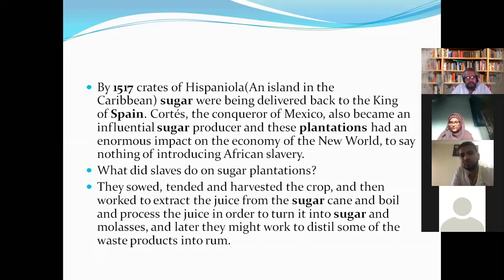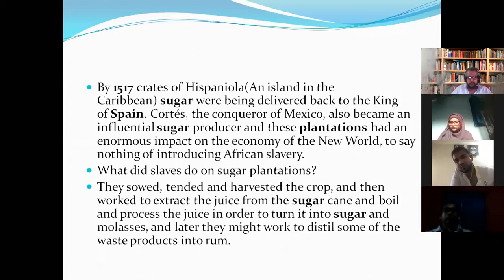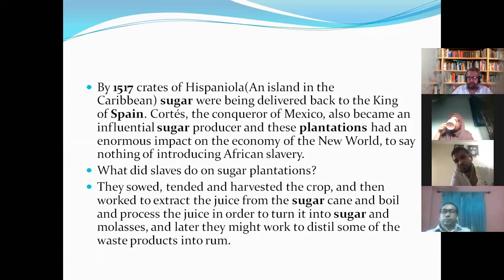So look over here, they sowed, they tended and harvested the crop, and then worked to extract the juice from the sugar cane, and boil and process the juice in order to turn it into sugar and molasses, and later they might work to distill some of the waste product into rum. Rum, you know, a special kind of drink.